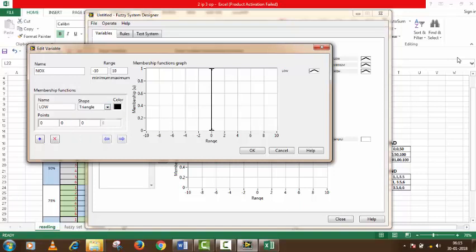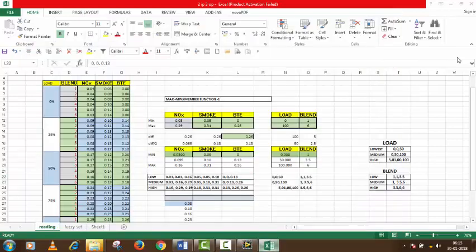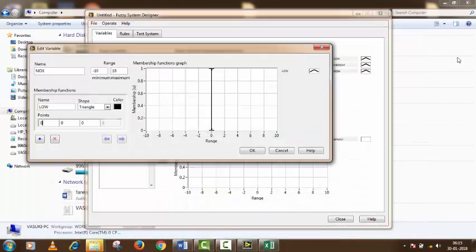I am going to choose the triangle. Next, medium. We have to fix the value. Make it 0.032.